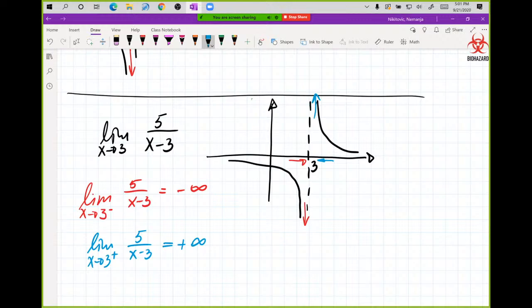So this is what we have, and we have the infinities working fine.